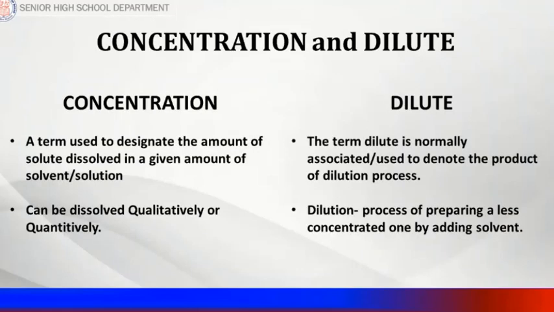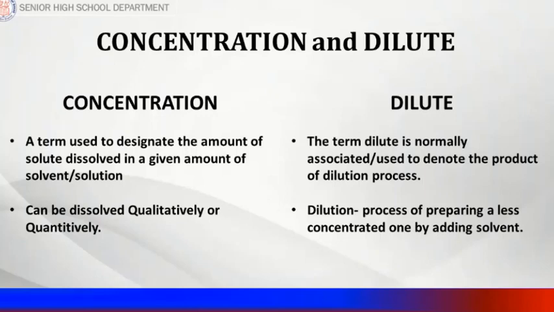Now, concentration and dilute. Concentration is a term used to designate the amount of solute dissolved in a given amount of solvent or solution. So there is a reference for how much solute should be put in a solvent to make a solution.